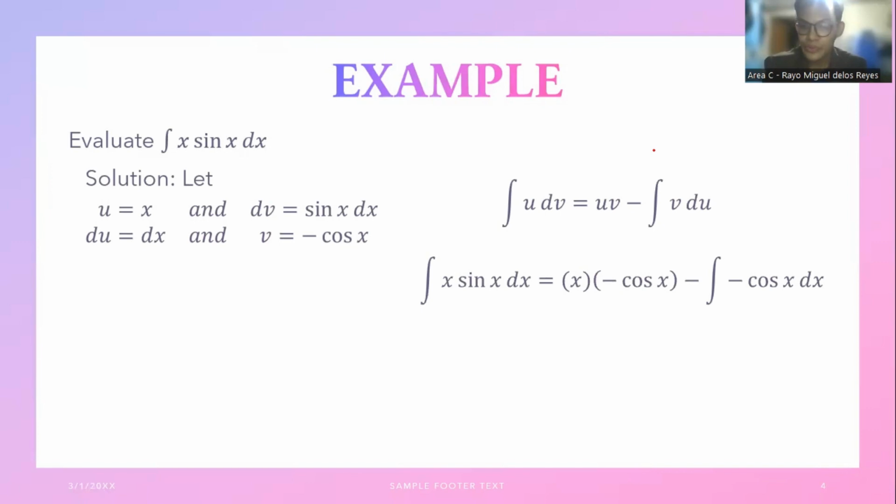Then we have to simplify, magiging negative x times cosine x plus, kasi negative 1 nilabas natin, and then negative times negative is positive. Ayan, kaya siya naging plus. Then, the integral of cosine x dx. And then, the integral of cosine x, that is sine x. So, the answer is negative x cosine x plus sine x plus c. Ayan.